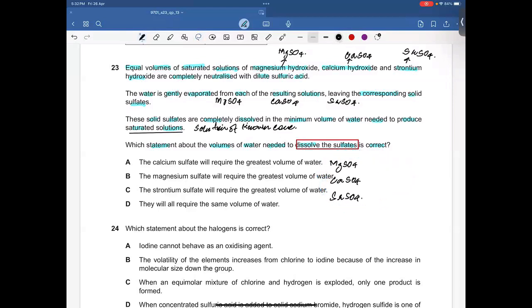By the way, down the group, solubility of group 2 sulfates decreases. If solubility of group 2 sulfates decreases, then it means it requires more volume to dissolve.